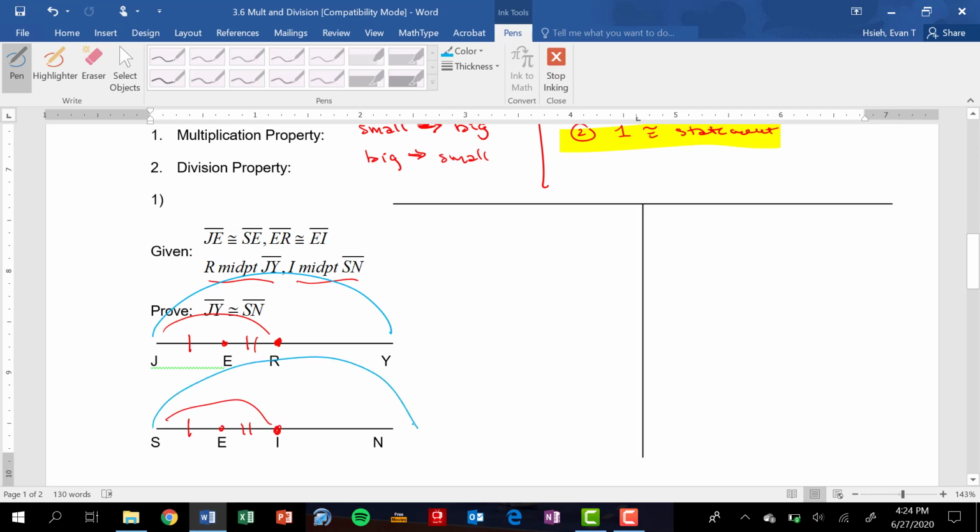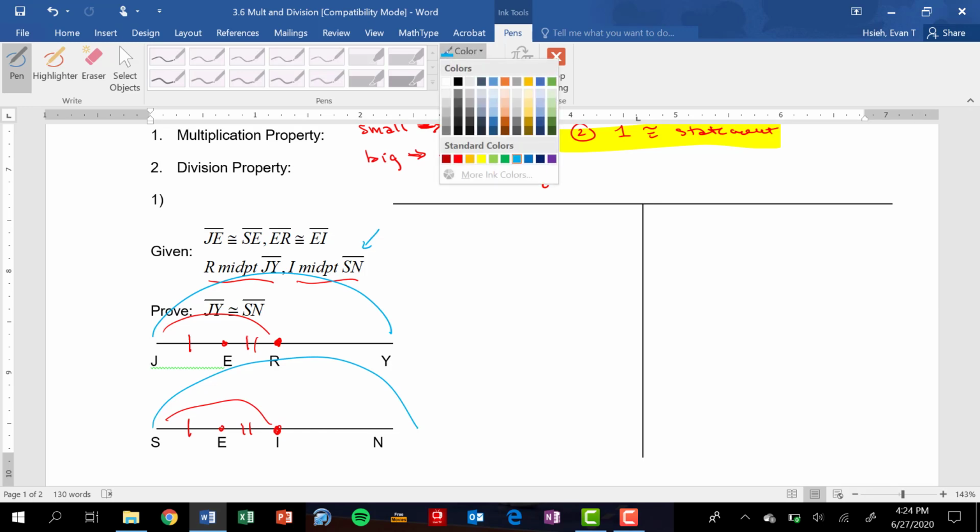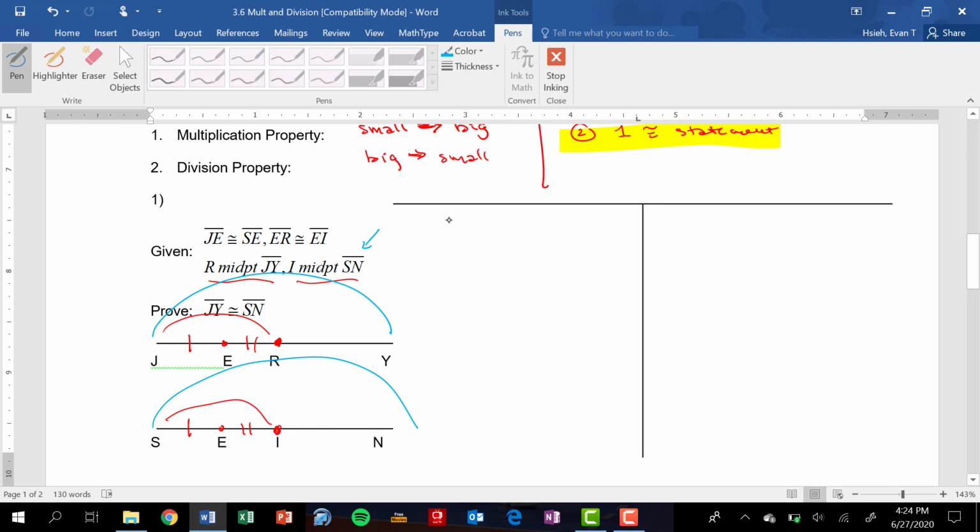So you have to ask yourself, is that multiplication property or division property? It's getting bigger, so you know it's multiplication property. And I also can see that I have two midpoint statements, as well as a congruent statement. So let's write it out, and hopefully you'll see it. So JE is congruent to SE, ER is congruent to EI.